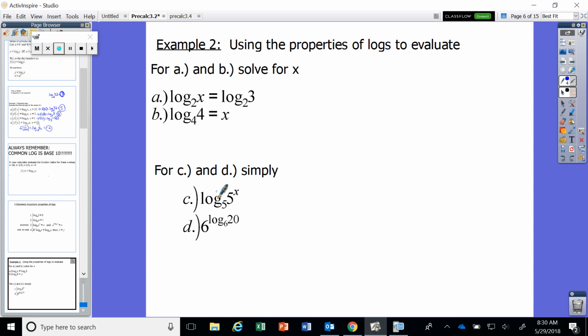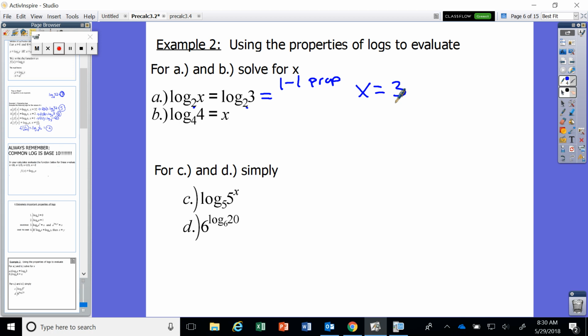How does this specifically solve for x? Well, what property does this kind of resemble? Hopefully you can see this is an exact use of the one-to-one property. Because if we have the same base, the only way these two logs equal each other is if x equals 3, or x equals y, like we showed in our example.